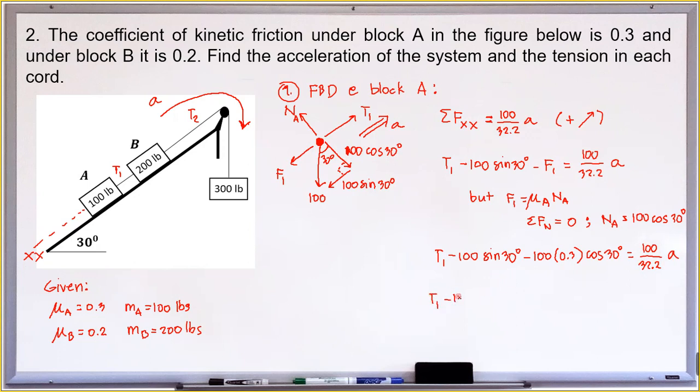We factor out 100: 100 times sine 30 degrees plus 0.3 cosine 30 degrees, equals 100 over 32.2 times acceleration. So, this is our first equation. Don't forget this one. Proceed to the next slide for the FBD for block B.